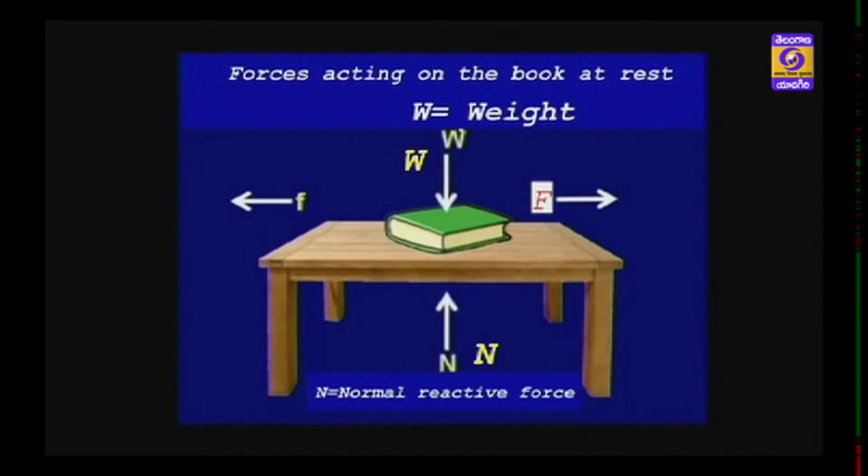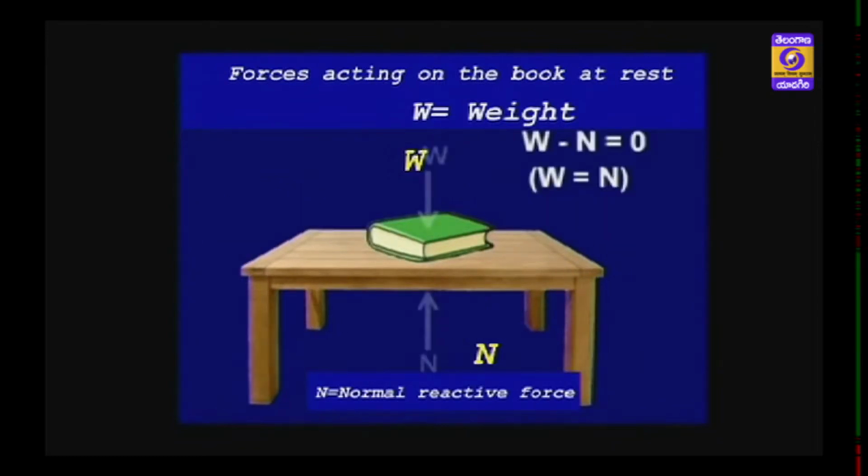The weight W acting downwards in the vertical direction, the normal reactive force acting upwards in the vertical direction, in the horizontal direction the applied force F, and in the opposite direction there is a frictional force small f acting opposite to the applied force capital F. These are the various forces acting on the book.